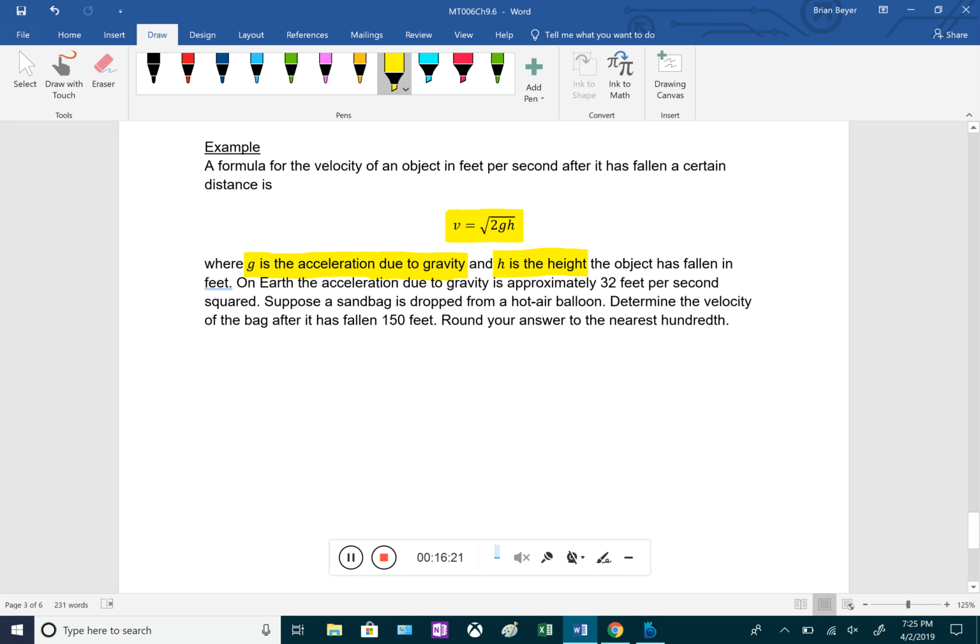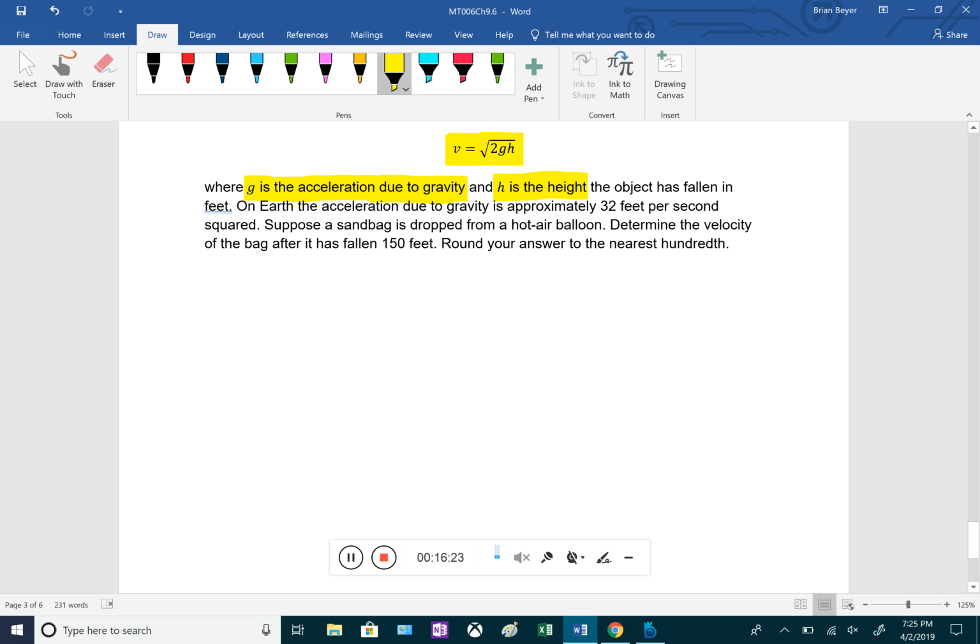Okay, so let's see what we have for our givens. We know we're going to be using this formula, so it's v equals the square root of 2gh. We are looking for v, which is good because that's what it's solved for.